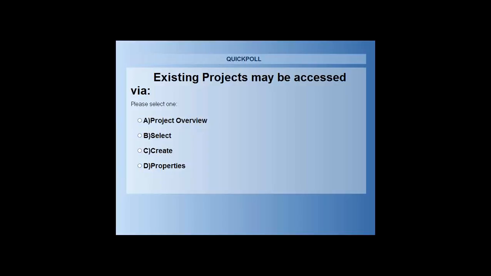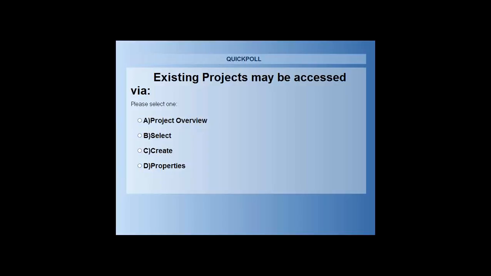Existing projects may be accessed via Project Overview, Select, Create, or Properties. If you have a brand new one, what are you going to do? I didn't specifically tell you.